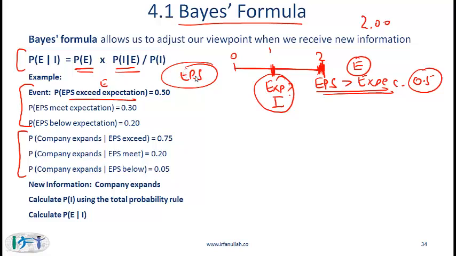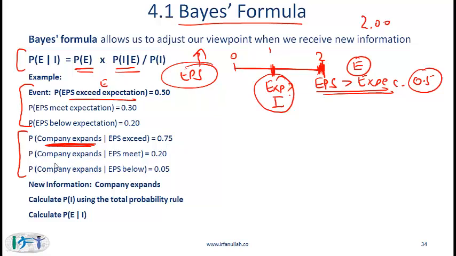This EPS number has not been announced, but you as an intelligent analyst know that the company is more likely to expand if the EPS number is good. So you come up with these conditional probabilities, and these are subjective probabilities where you estimate that the probability that the company will give this information or company will expand given that EPS exceed expectation is 0.75.